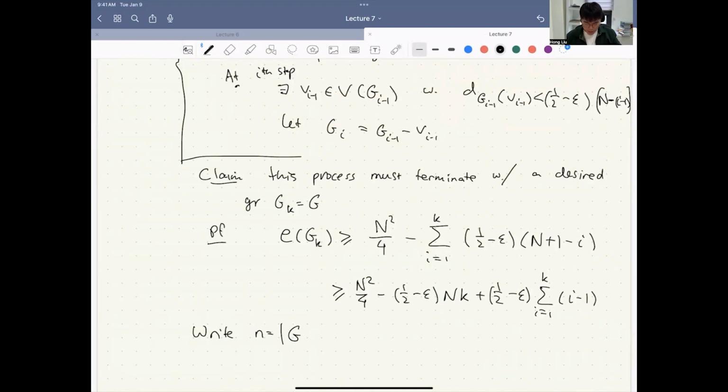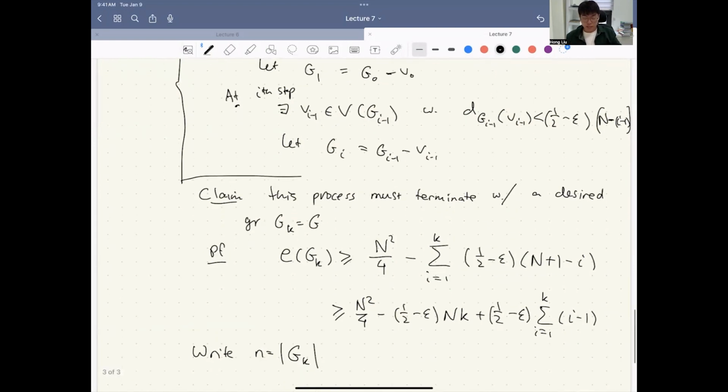So let N be the number of vertices in G_0. Now the subindex K is not the number of vertices in G_K. It's the number of steps we proceed in this procedure. So the number of vertices is exactly N minus K. If you proceed one step, you remove one vertex. You proceed K steps, you remove K vertices.